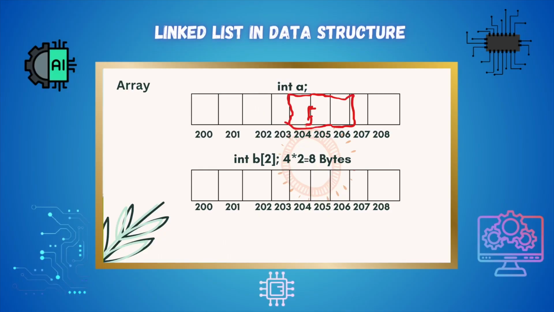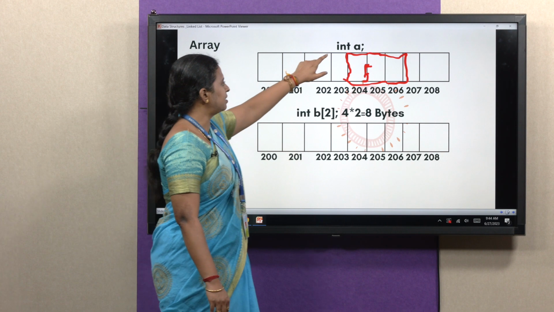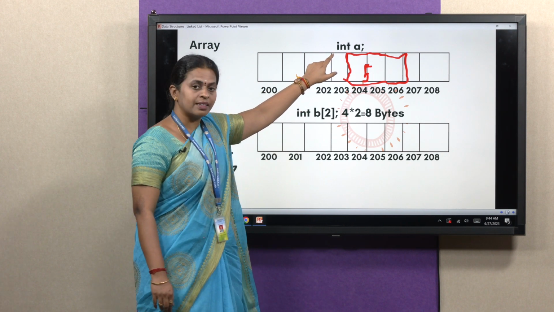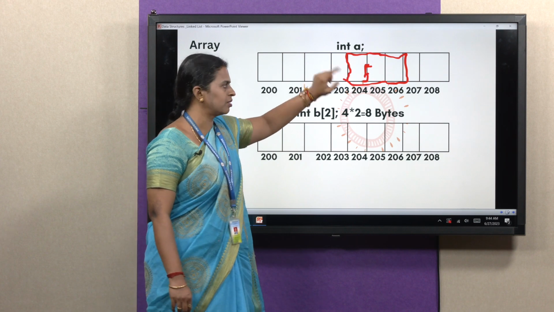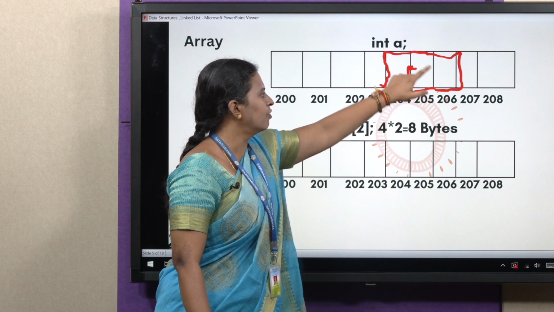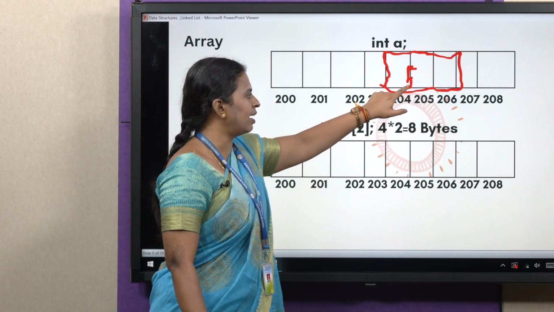Let us see what the actual disadvantages of arrays are, and why we are moving on to linked lists. Say for example, we are initializing integer a. What is the size of the integer? In a 32-bit machine it is 4 bytes. So 4 bytes from 204 to 207 will be allocated and the value is 5.